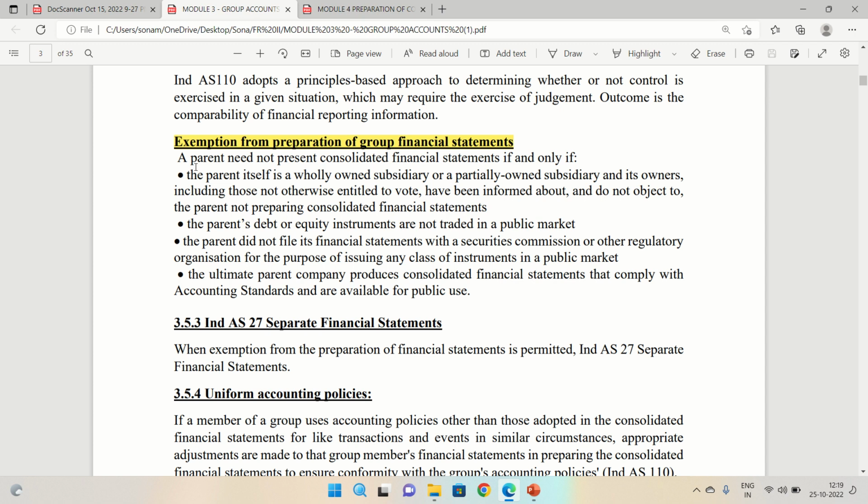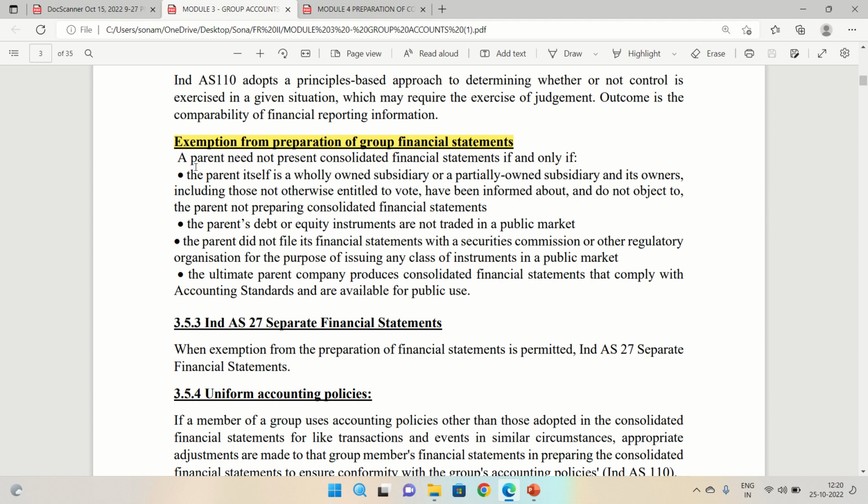The first situation is the parent itself is a wholly owned subsidiary or a partially owned subsidiary, and its owners, including those not otherwise entitled to vote, have been informed about and do not object to the parent not preparing consolidated financial statements.